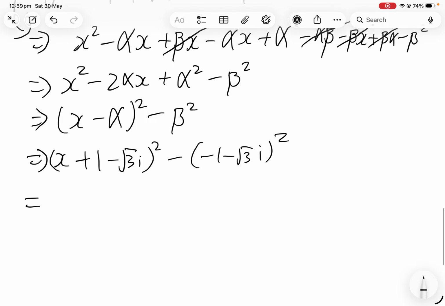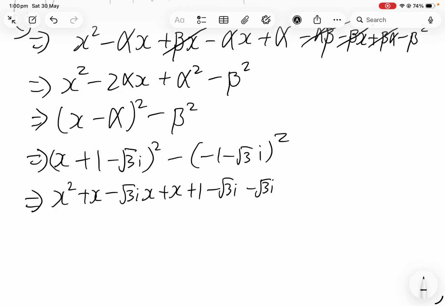So that equals x squared plus x minus √3ix plus x plus 1 minus √3i, minus √3ix, minus √3i, and plus, which will be minus 3.